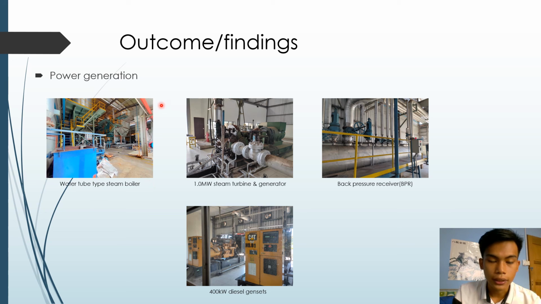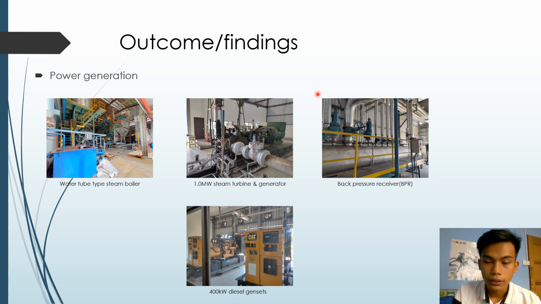Next, the high pressure and temperature saturated steam will be transferred to a steam turbine generator to produce electricity. These are the figures showing the 1 megawatt steam turbine.